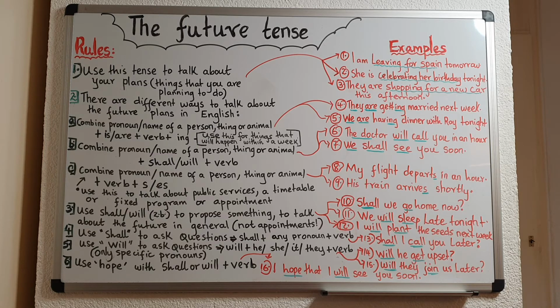So this time, the verb is not going to be in its original form, like in the previous rule. This time, you're going to add S or ES at the end of the verb. Now, let us see how to apply that rule.